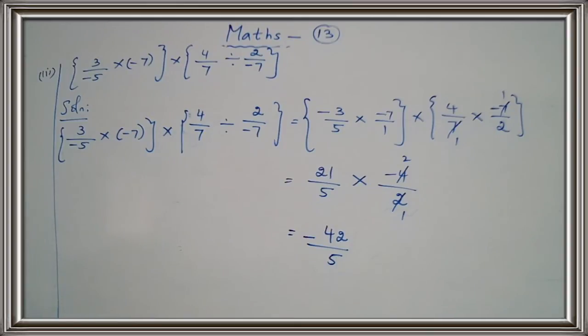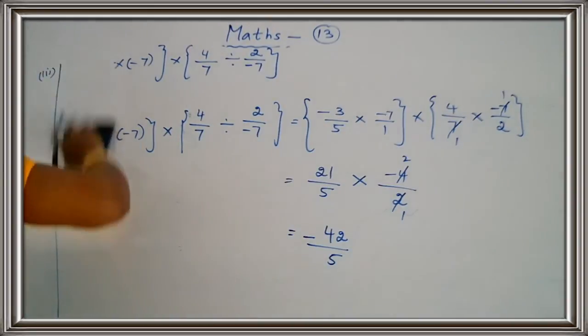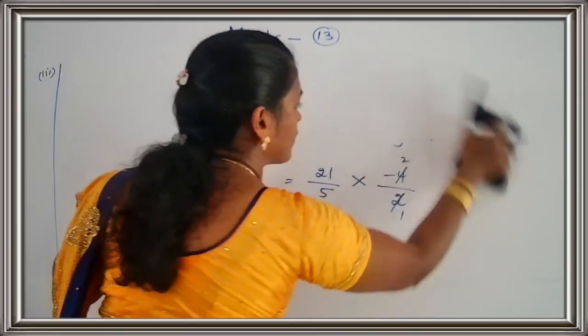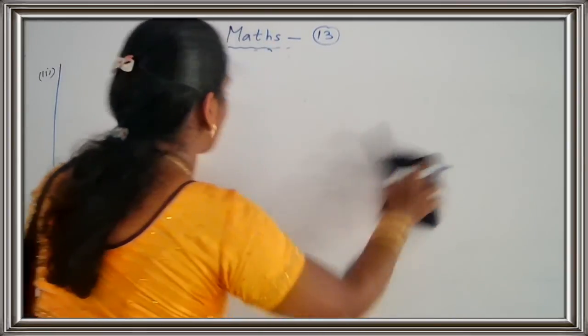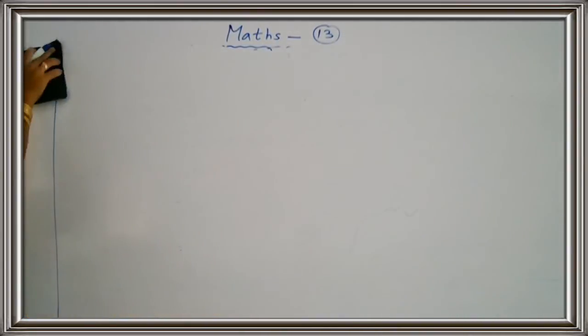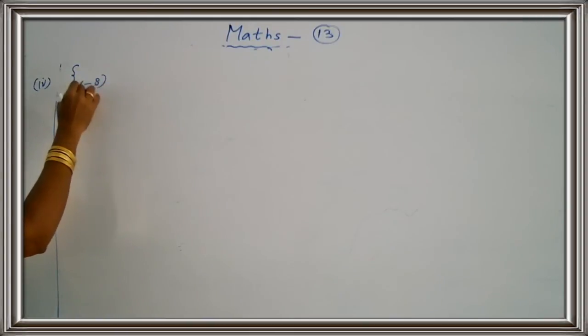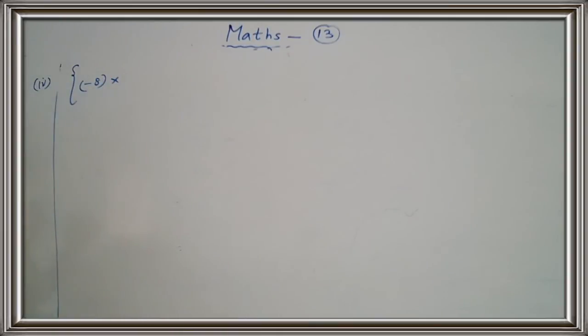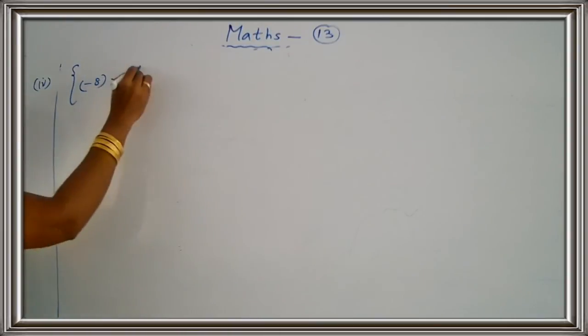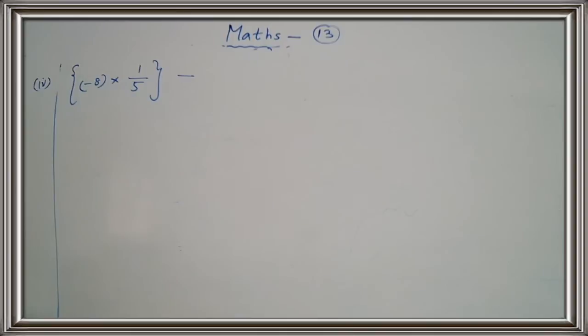Okay. So now you see here this bracket inside multiplication operation, this bracket inside division. So first of all, find the value of inside the bracket. So what is the value of minus 8 upon 1 into 1 upon 5? Here in between no common factor in denominator and numerator. So in multiplication, multiply numerator by numerator and denominator by denominator.